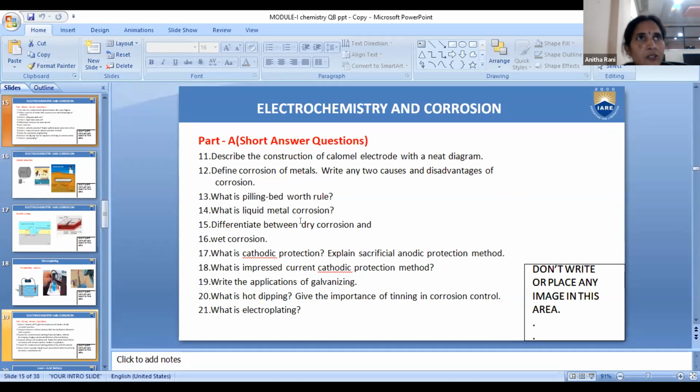Students, what is liquid metal corrosion? In dry corrosion, we discussed three types: oxidation corrosion, corrosion by other gases, and liquid metal corrosion.